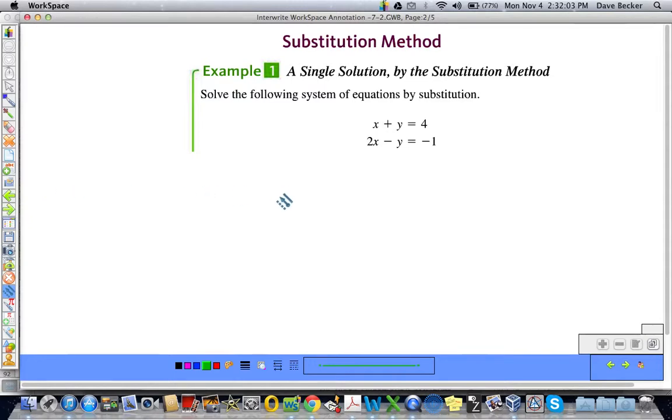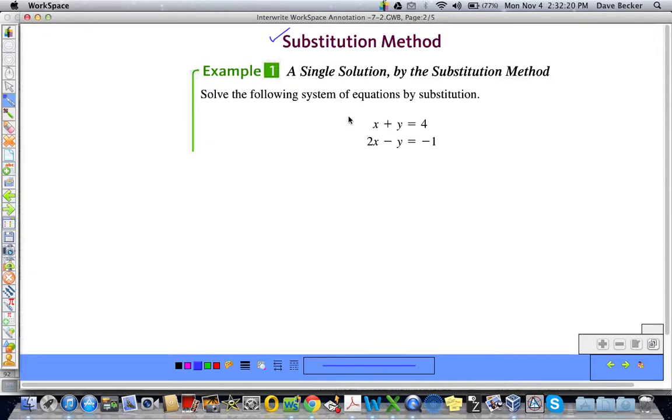So now we're going to do all this algebraically, and the first method that we're going to use is the substitution method. So I have this system I need to solve. x plus y equals 4, 2x minus y equals -1, and they're cheating because they're telling us there's going to be a single solution.